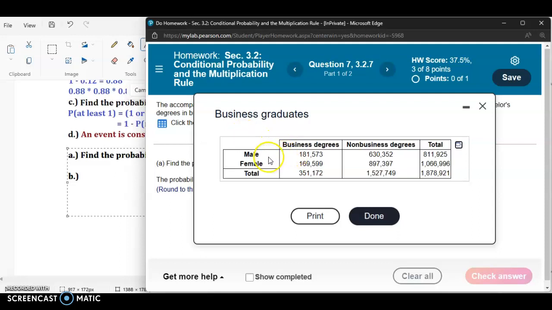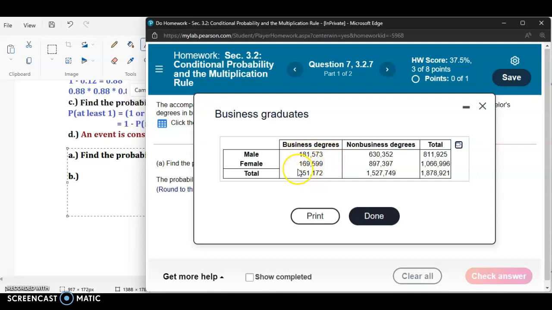Our table is divided into male and females, and then business degree and non-business degree, and then they have the corresponding totals. So we're only going to focus on this part of the table. The numbers in this part of the table represent all those that have business degrees.